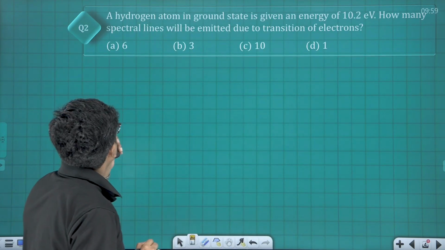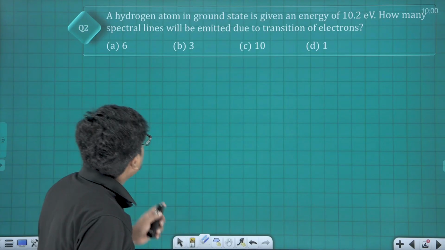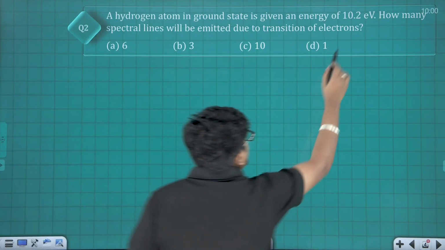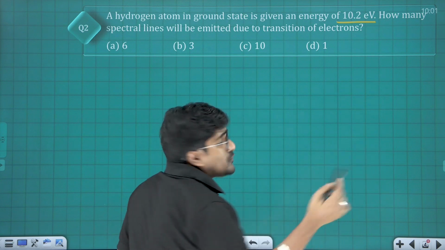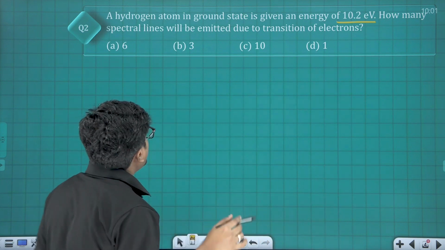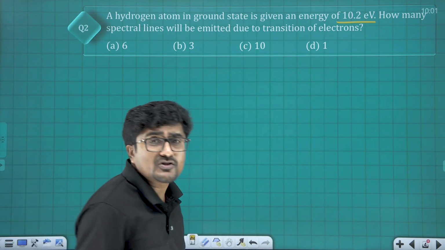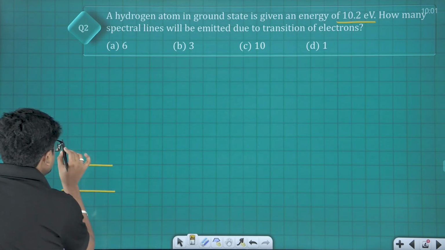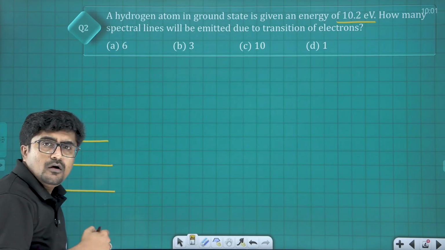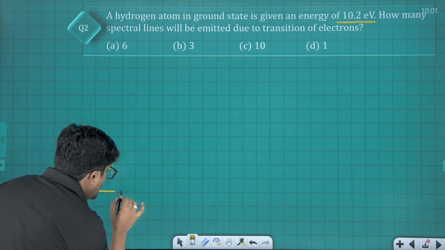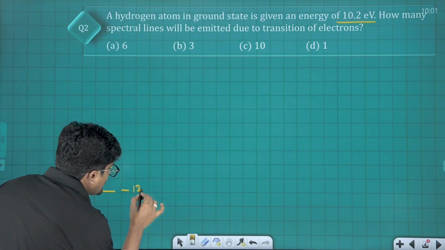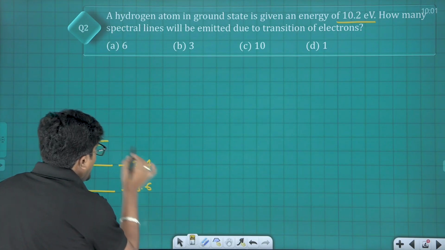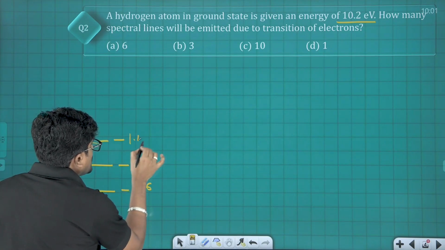Next is question number 2. The question says, a hydrogen atom in ground state is given an energy of 10.2 electron volt. How many spectral lines will be emitted due to the transition of electron? So we know the energy of electrons in the hydrogen atom. In the first orbit we can have it as minus of 13.6. In the second, we can have it as minus of 3.4, and in the third, we can have it as minus of 1.5.